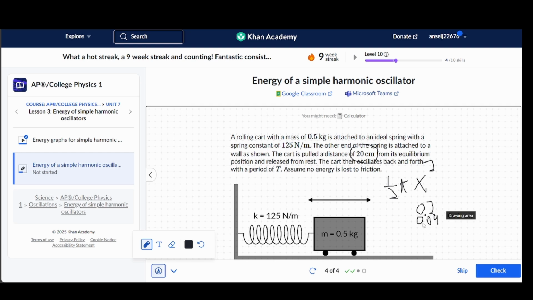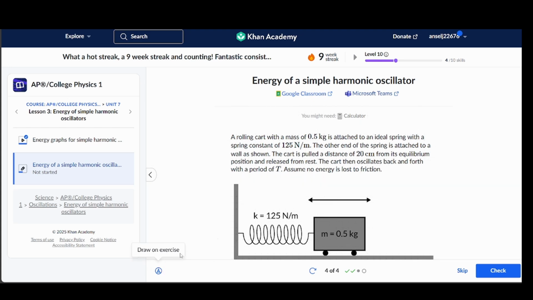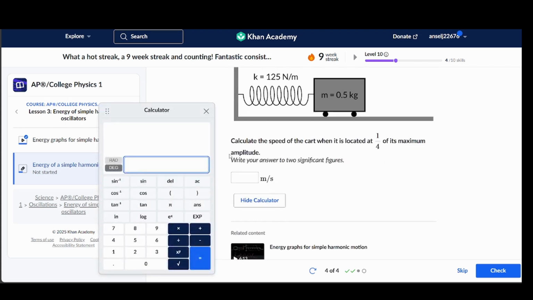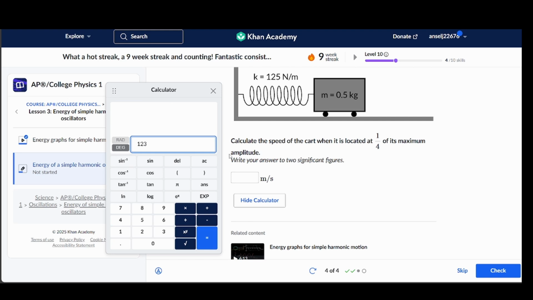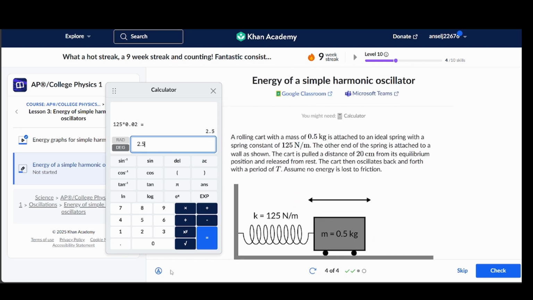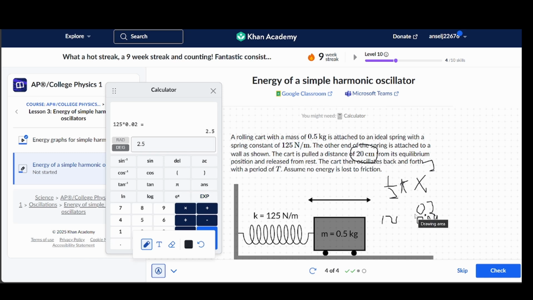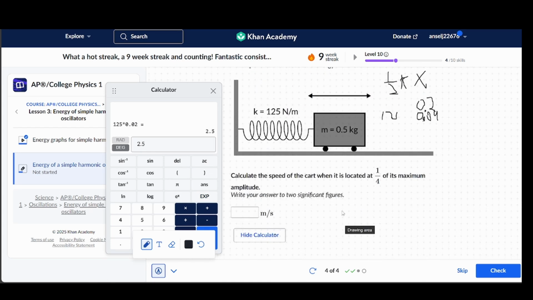Yeah. K is 125. 125 times 0.02. No. 2.5. That's the amount of energy in joules. Let's go.